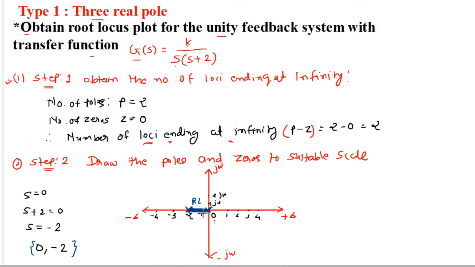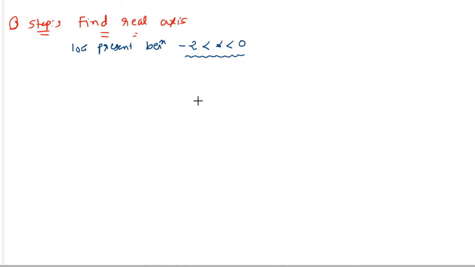Remember, this is very important. That is step number 3: the real axis locus lies between minus 2 less than sigma less than 0. Now step number 4.